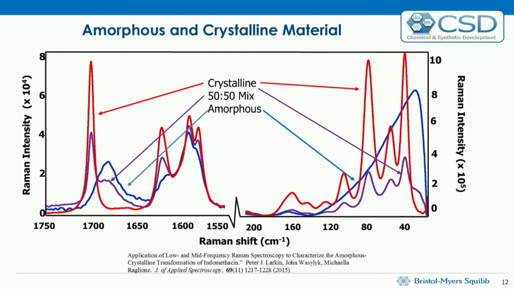So we've got crystalline material, pure amorphous material, and then a 50-50 mixture of the two. So it shows you the enhanced sensitivity. In this particular case, you can see a spectral band in the carbonyl region due to the amorphous material. It's much better to look at that low frequency range, and that's where we focused.